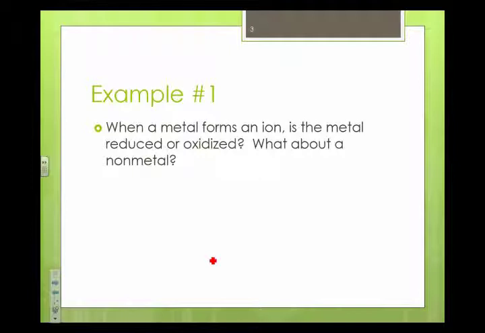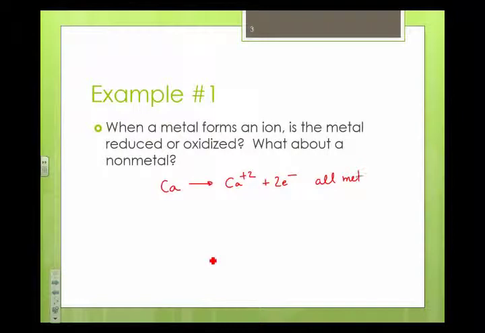So if you think about a metal, for instance, let's take calcium. When it forms an ion, it becomes calcium with a +2 charge. And when it did that, we know from our discussion of the periodic table and how things form ions that calcium lost 2 electrons. Because calcium lost 2 electrons, they show up on the product side here. So this is actually true of all metals.